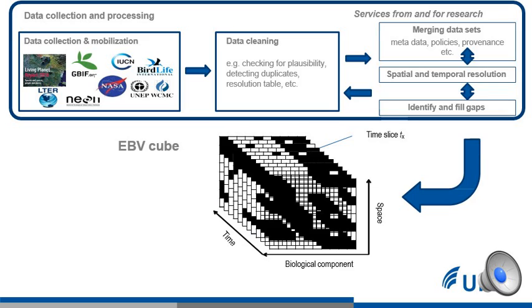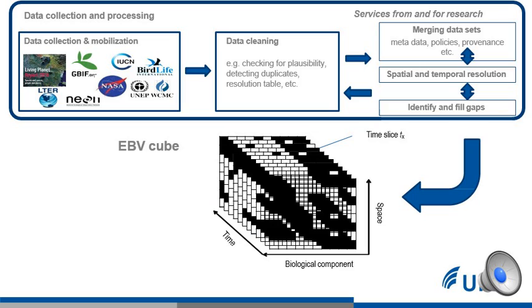So this is what I call the EBV cube. It is a data cube over space, over time, and a biological component. You have actually heard quite a lot of how to get to such a data cube, because we have huge data holdings.